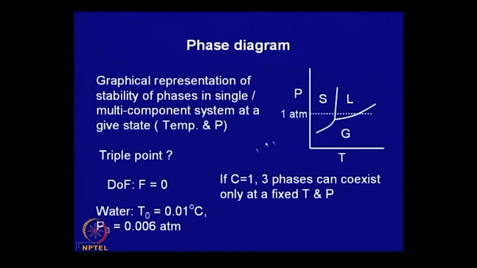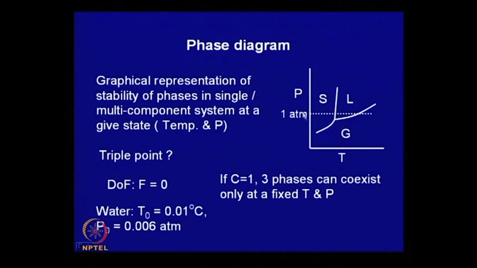Now, let us look at how the stability of a single component system depends on pressure and temperature, and this is shown over here. This axis represents pressure, this is temperature, and for a pure metal you can have three different states: liquid, solid and gas.